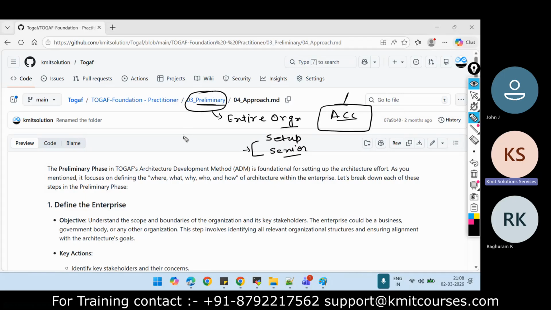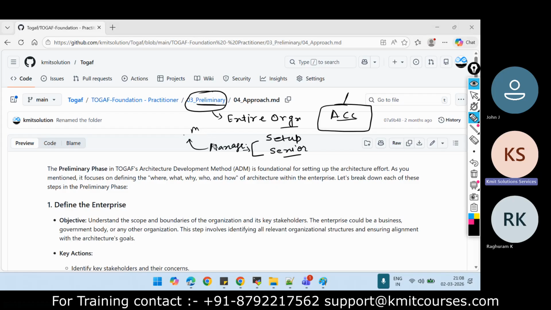Because if some news comes about your company shares, you should know. When you see your manager, you know this is your manager, and to whom this manager is reporting. Does it matter to you? It does not matter directly, but yes, you need to know. Because if a particular email comes from your manager's manager, you will say, oh, he's our manager's manager, he's the CIO, he is the CTO.